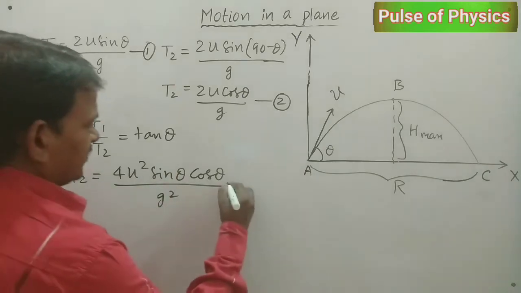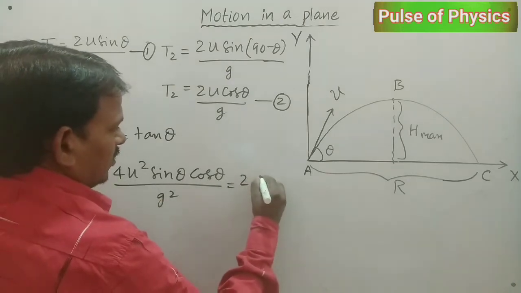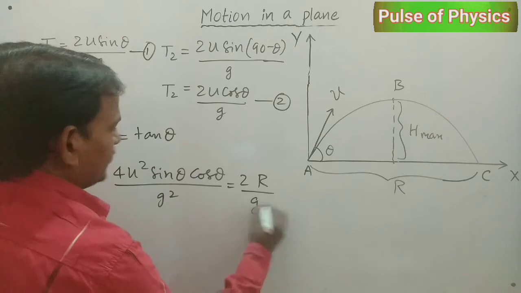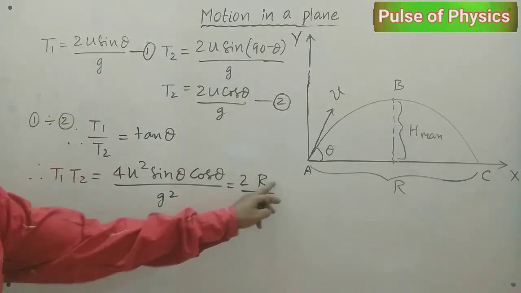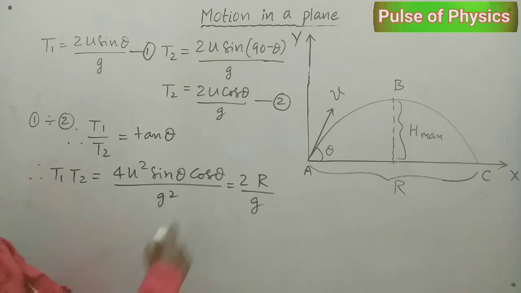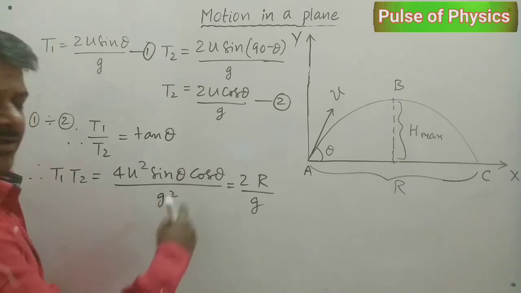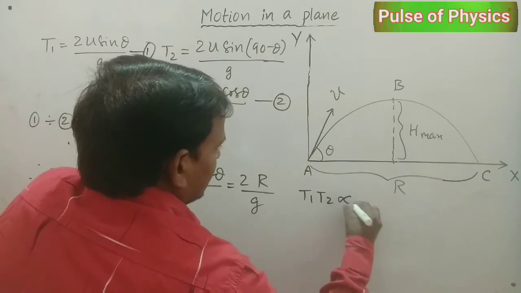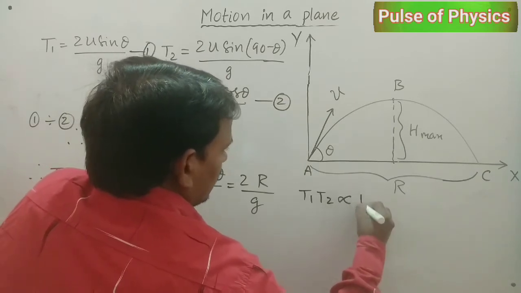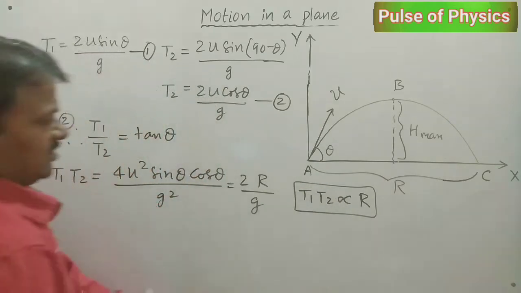We will get 2 into R by g. So T1 into T2 is equal to 2R by g. Next, one more thing we will get. From this relation, we can write T1 into T2 is directly proportional to R. 2 and g are constants.